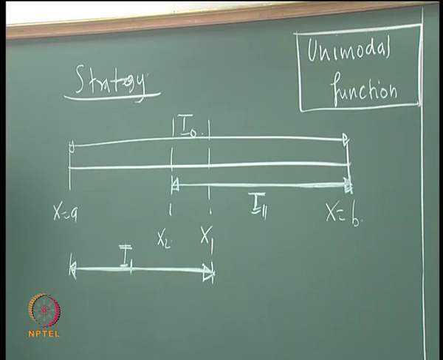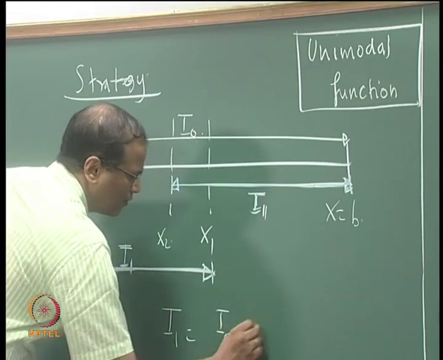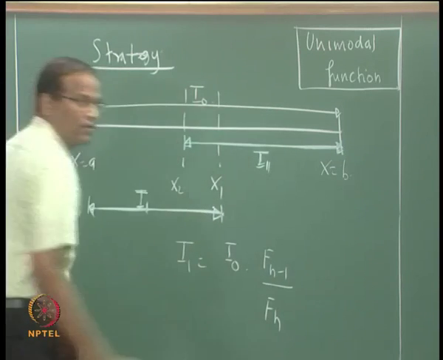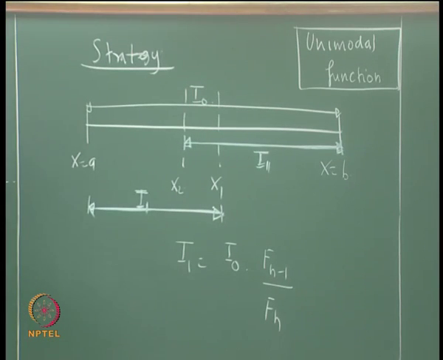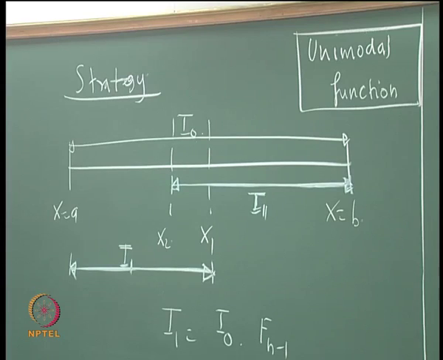For the Fibonacci search, the algorithm is, okay, so you choose a particular n. How will you choose a particular n? Finally, we will have to figure out what is the reduction ratio of the algorithm, which relates the I0 to In.